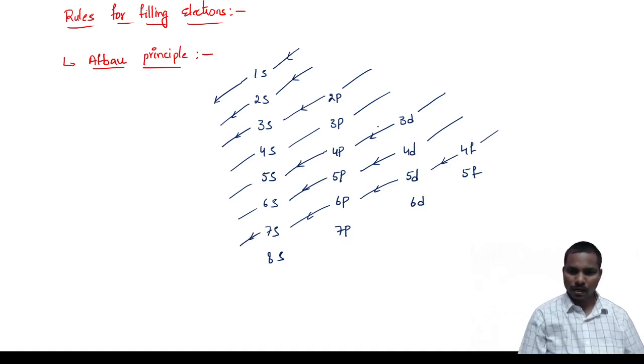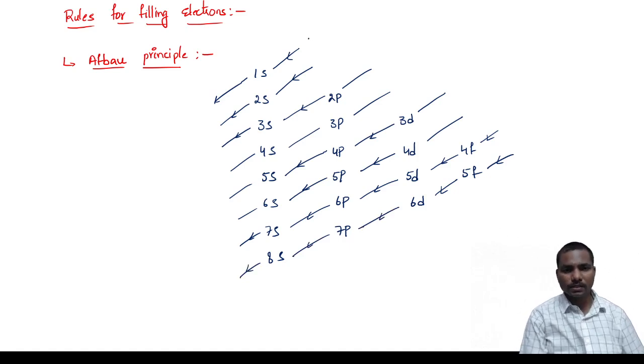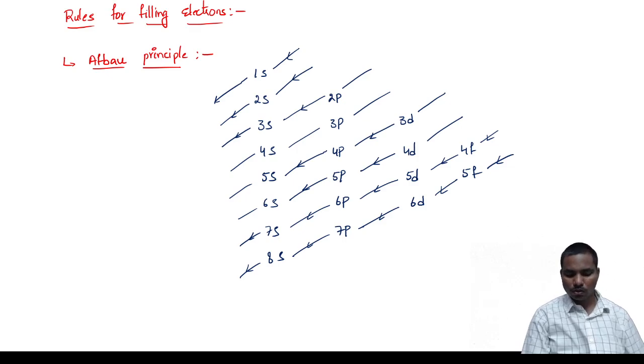And after that 5f, 6d, 7p, and 8s. So that means the orbitals are filled first at the lower energies. Lower energies are filled first, after that higher energies are filled.